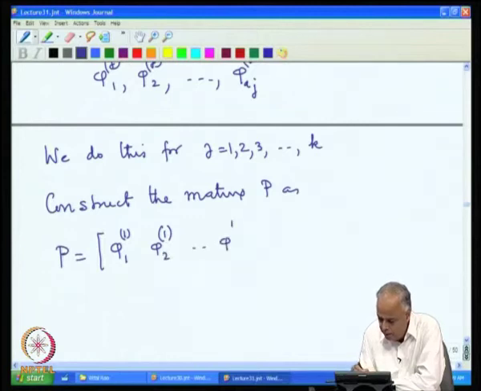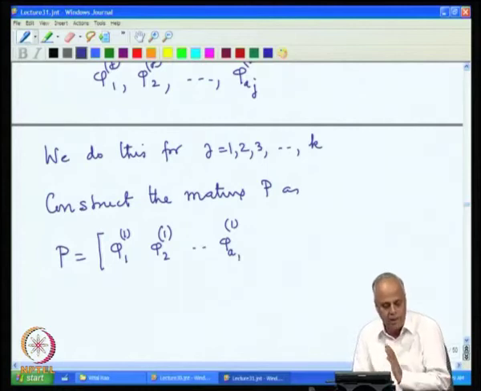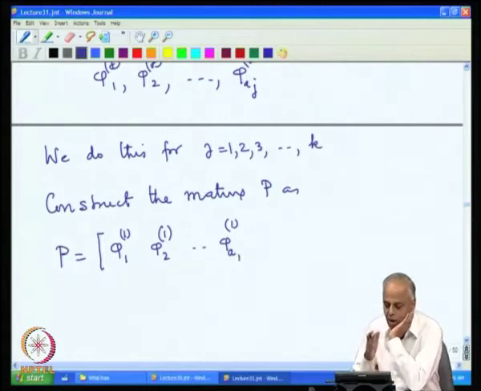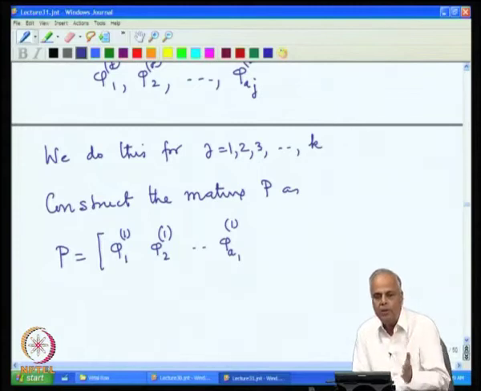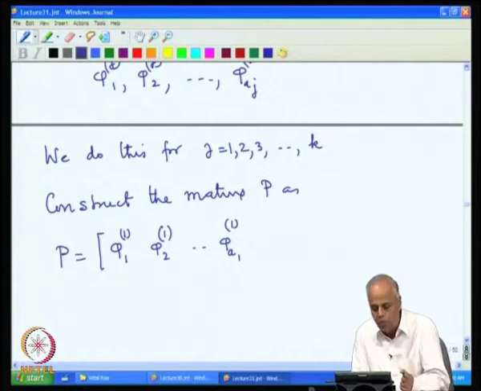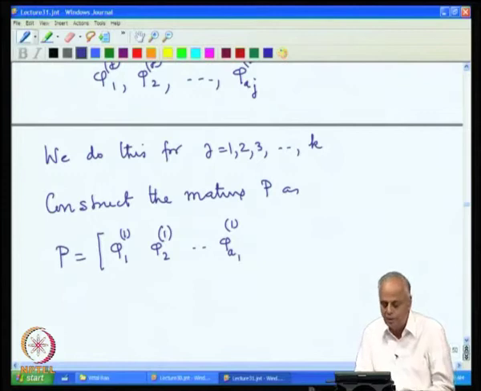How many of them are there? A 1 of them are there. Write down all the eigenvectors as columns of this matrix P. First look at the eigenvectors corresponding to lambda 1; they come as a basis of W 1, which has a basis consisting of A 1 vectors.